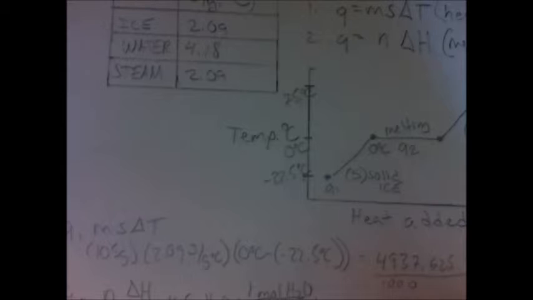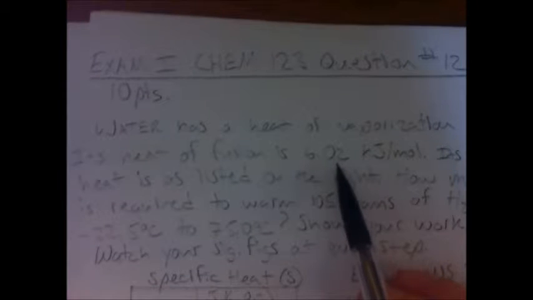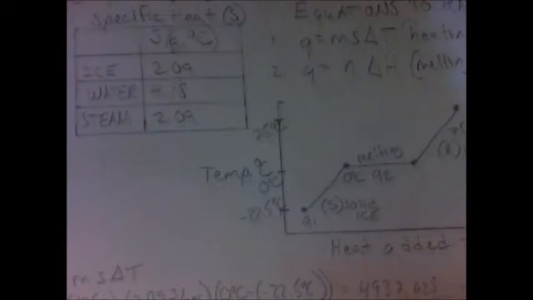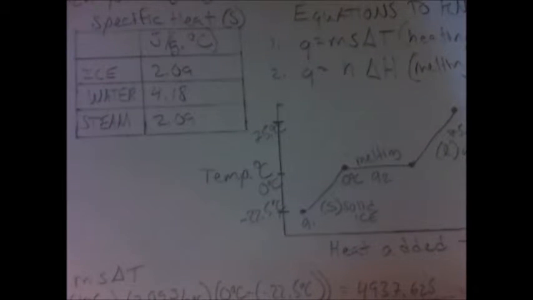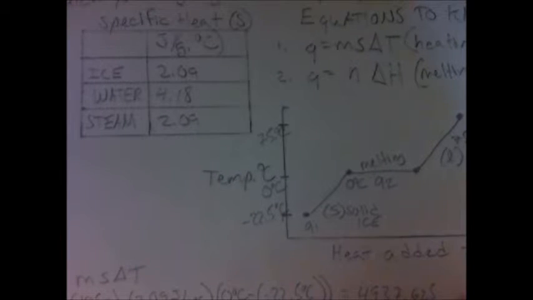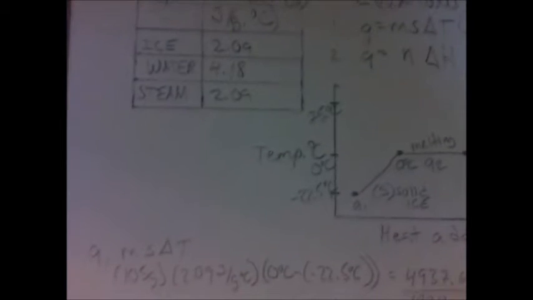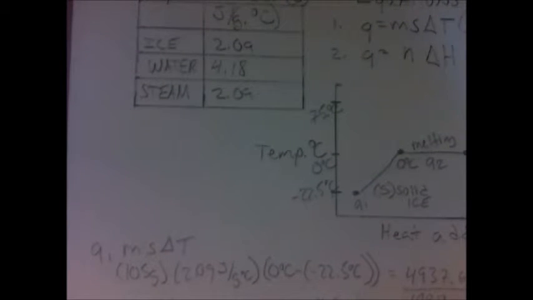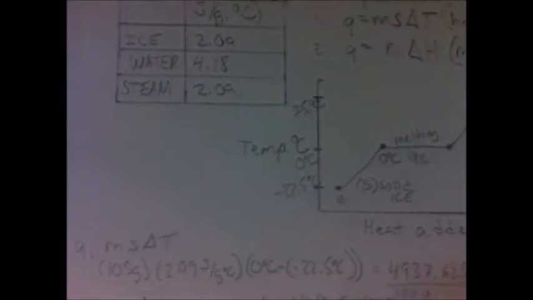Then we'll multiply that by the heat of fusion, which is 6.02 kilojoules a mole. And we use stoichiometry, grams, grams, moles, moles. We end up with kilojoules.